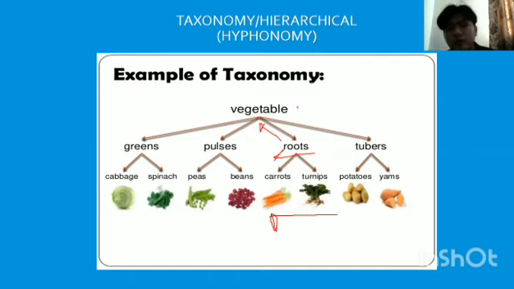The vegetable is called hyperonym, and the branches of vegetables, fruits, tuber, pulses, and greens are called hyponyms.